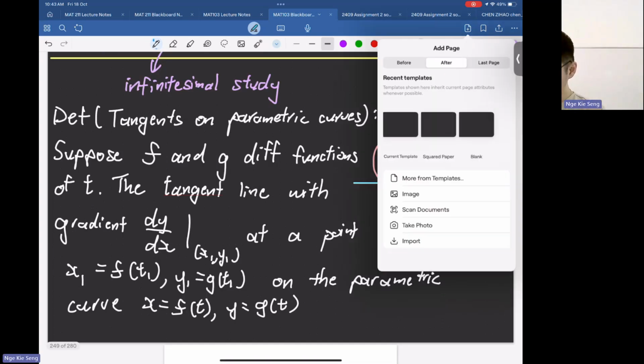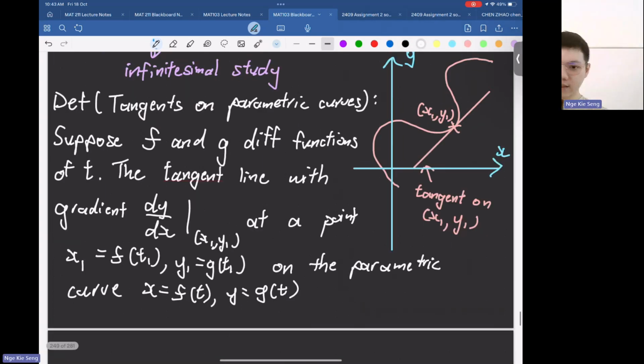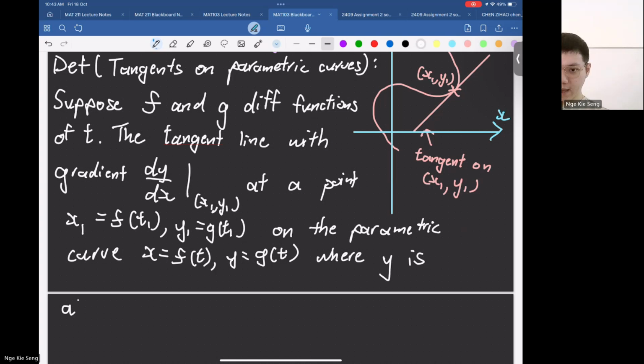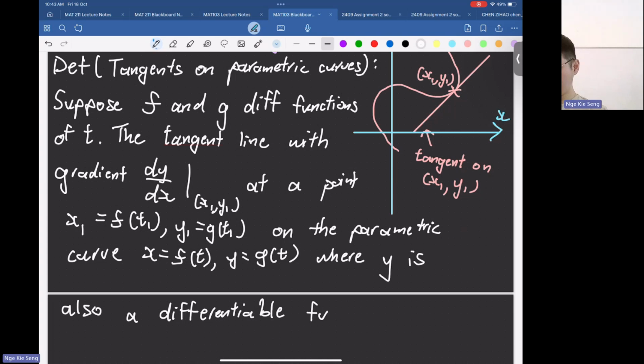And if you're going to talk about dy over dx, you should think about y as a differentiable function of x. You have seen this example just now, right? We write a parametric equation for the circle, and then we can get a y function in terms of x using the square root. We can see that y is also a differentiable function of x.